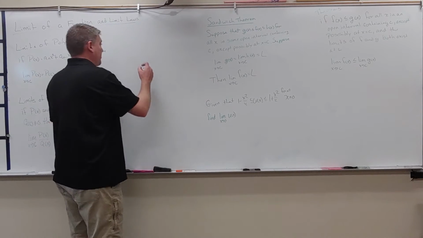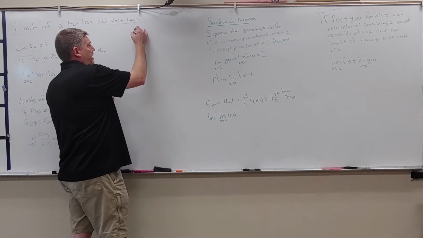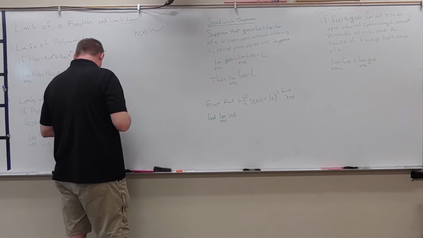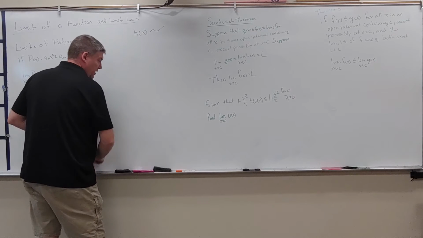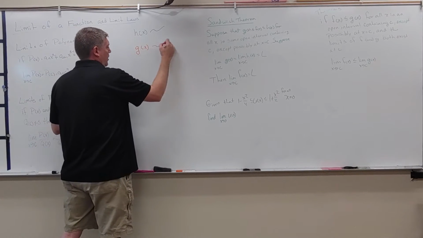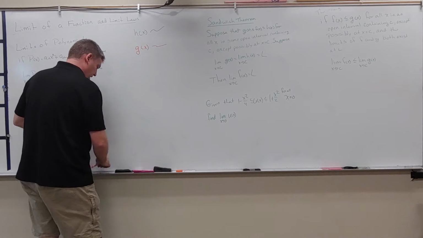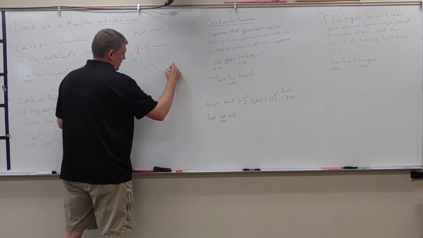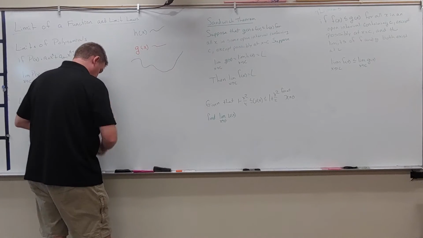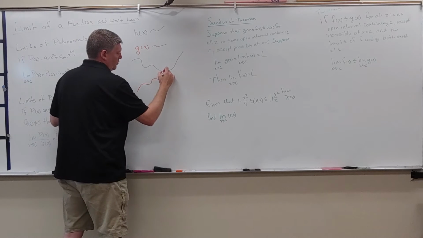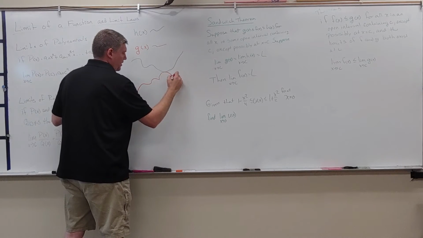So what we're looking at is, let's say h of x is going to be my green marker here, and g of x is going to be my orange marker. Let's say I have h of x, and it kind of does something here, and it kind of comes back up here. And then I have my g of x, and it's kind of moving around here, and they both come to that one point.